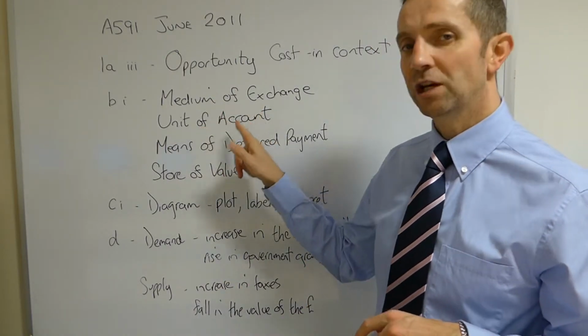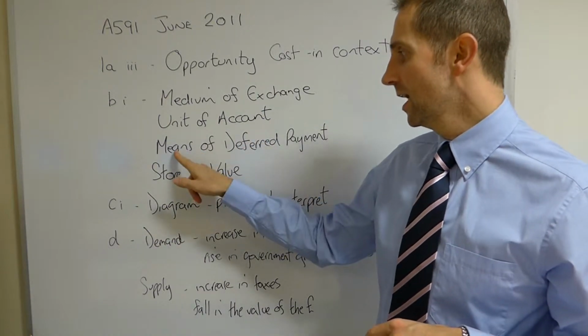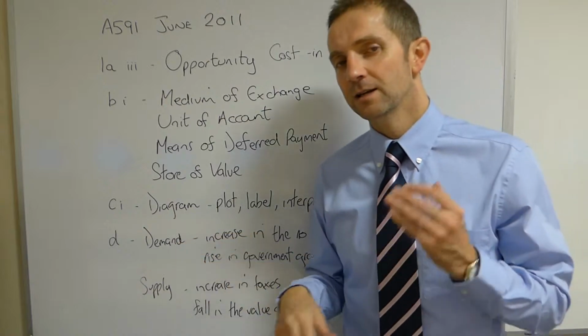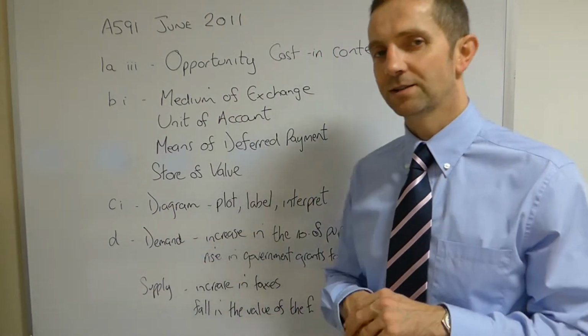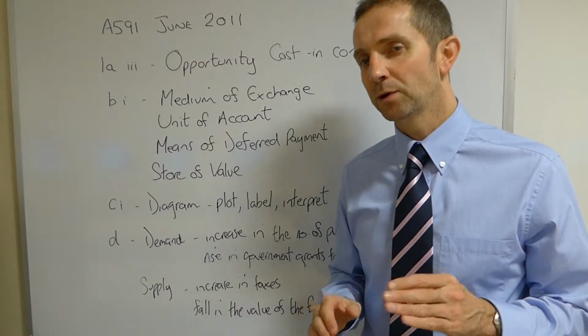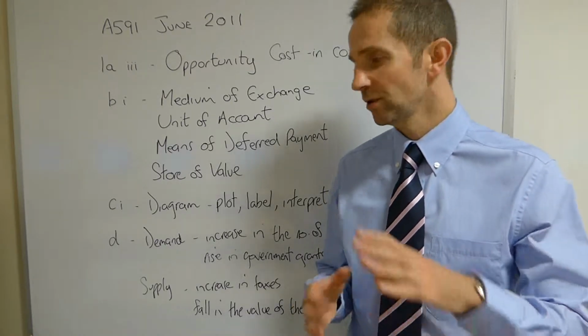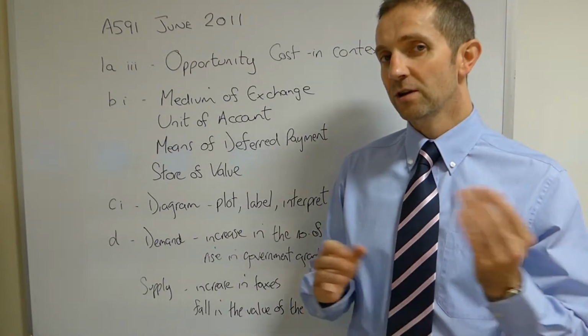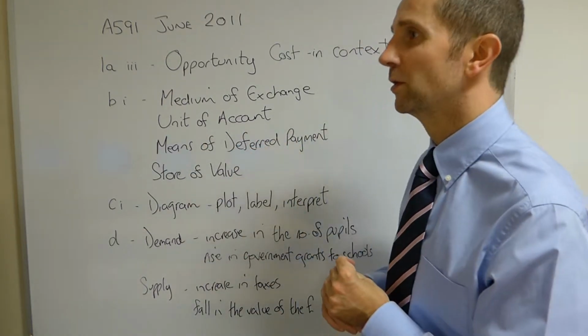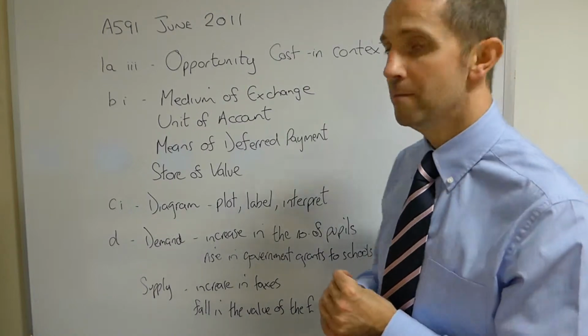A medium of exchange, a unit of account, a means of deferred payment, and a store of value. So if you've forgotten those, as I think a lot of you have, check back into your textbook and your class notes, and make sure you commit those parrot fashion, word for word, into your memory banks.